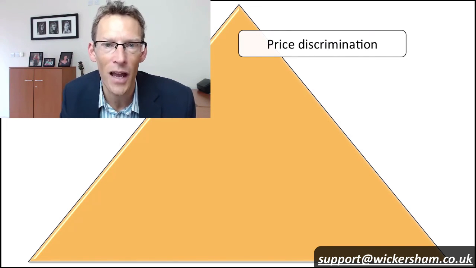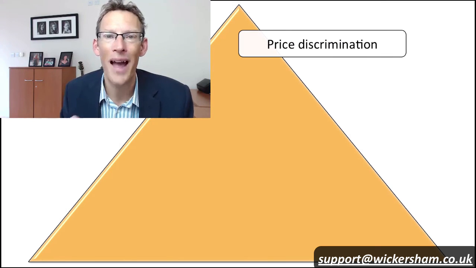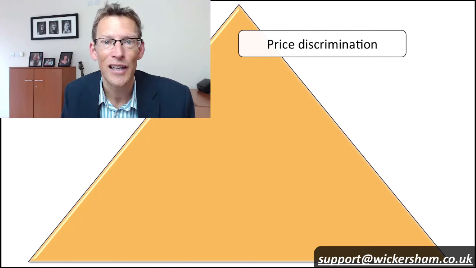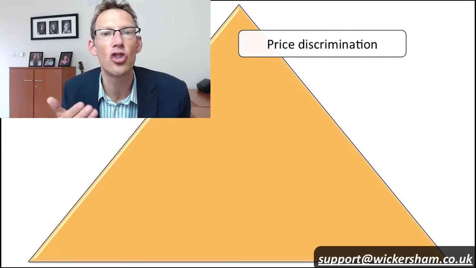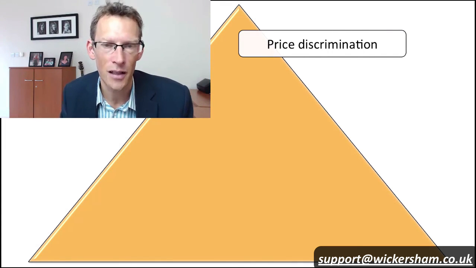And there are many, many techniques that we can use, but the one which is the most powerful for the accounting profession and the easiest to understand as well is what I call menu pricing, which is about giving the client a range of different options, packages, so they get to choose the one that best meets their needs.